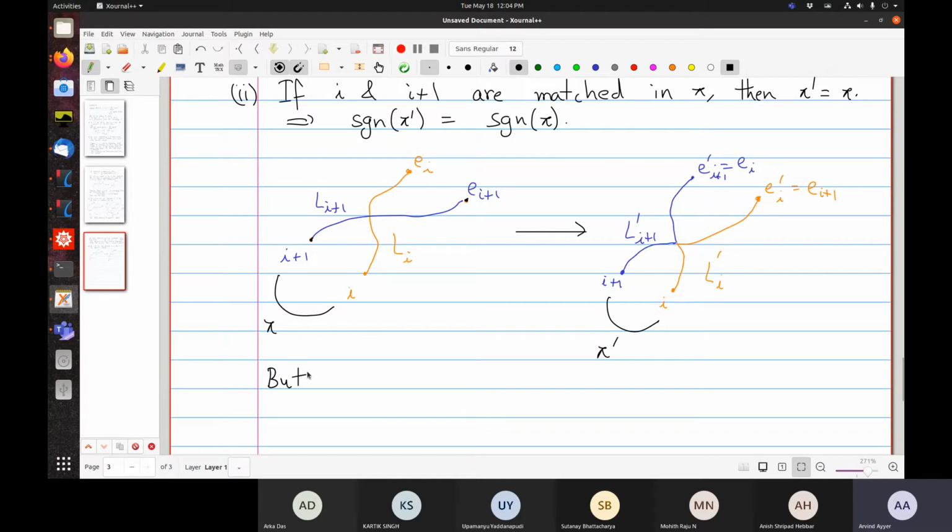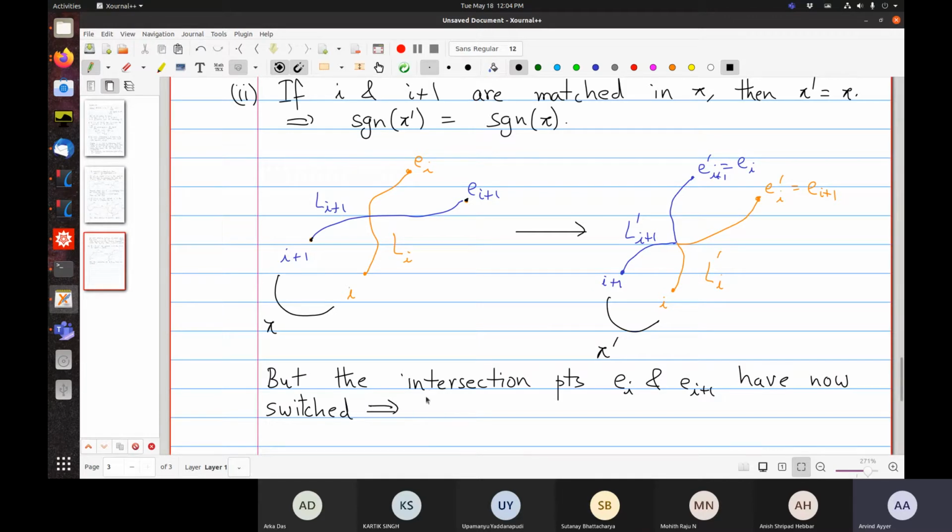But the intersection points ei and ei plus 1 have now switched. Remember that we are just looking at the first intersection point. They could have many more intersections later. But no matter what, if there was one extra inversion here, there would be one less inversion here and vice versa.